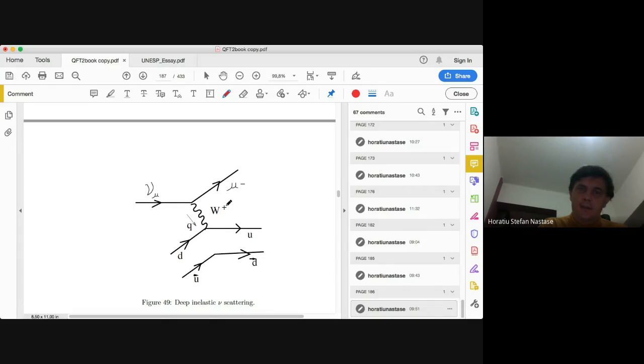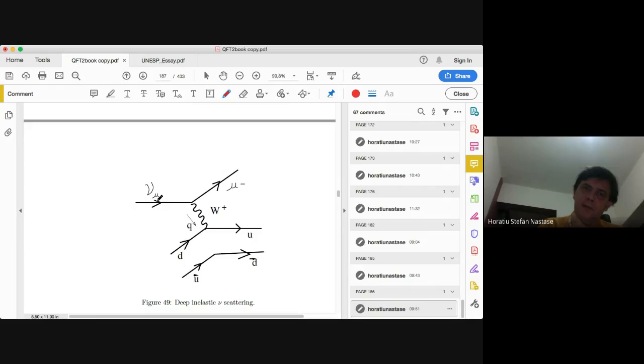So the only possibility to go from one member of a doublet to the other, with a W of +1 charge, is that it interacts with a down quark, which has charge -1/3, and turns it into a +2/3. Okay, so that's the only possibility for the basic interaction.